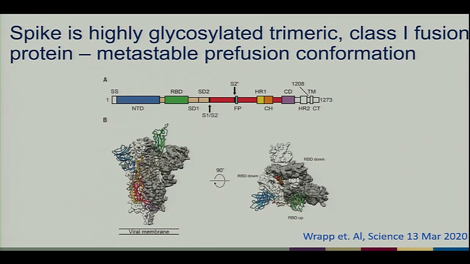It has a receptor binding domain that is shown in green, and then a stalk domain, the S2 domain, shown in red, orange, and yellow. Each protomer is shown in a different color. One protomer is white, one protomer is gray, and the other protomer is colored. And it is metastable and exists in a prefusion and a postfusion conformation. Next slide, please.